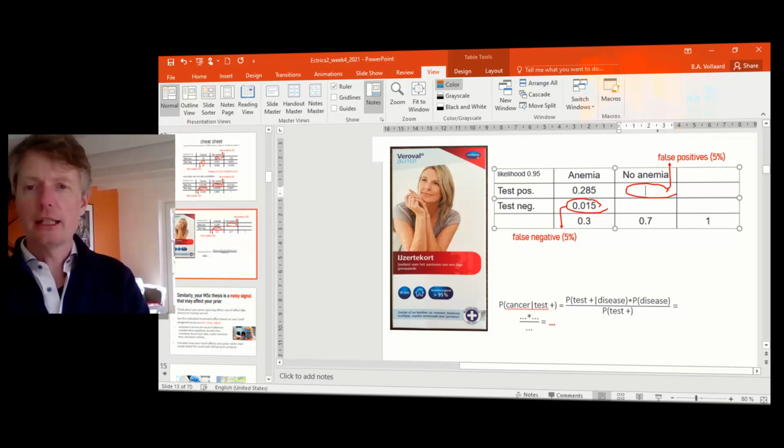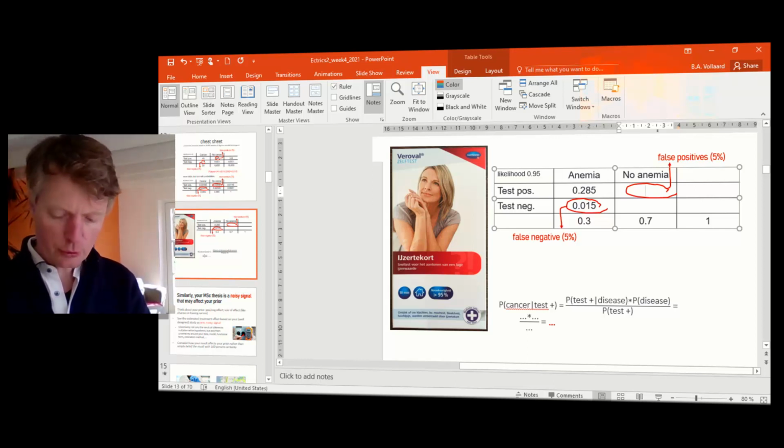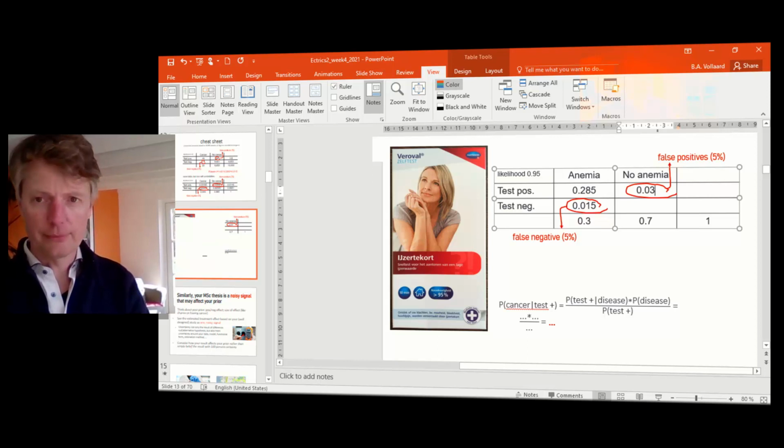Now here we go. If we do not have anemia, then the chance of getting a positive test result after all is 0.05 times 0.7. So that's 0.05 being equal to 1 minus 0.95. And that is equal to 0.035.